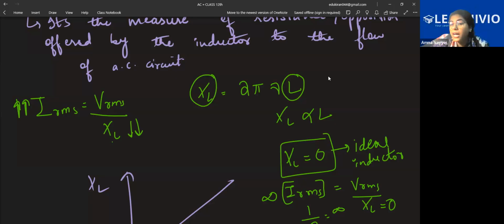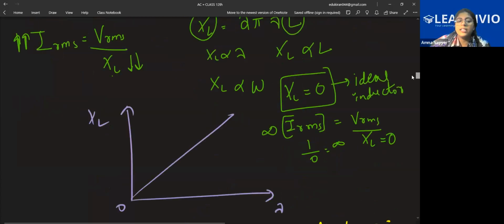And as Mamuna answered, XL is directly proportional to L, and XL is directly proportional to linear frequency also. If you use the formula XL is equal to omega L, XL is directly proportional to omega also. If you plot a graph between any of these three, keeping the others constant, with linear frequency, inductance, or angular frequency as the variable, it will be a straight line graph, meaning linearly proportional.